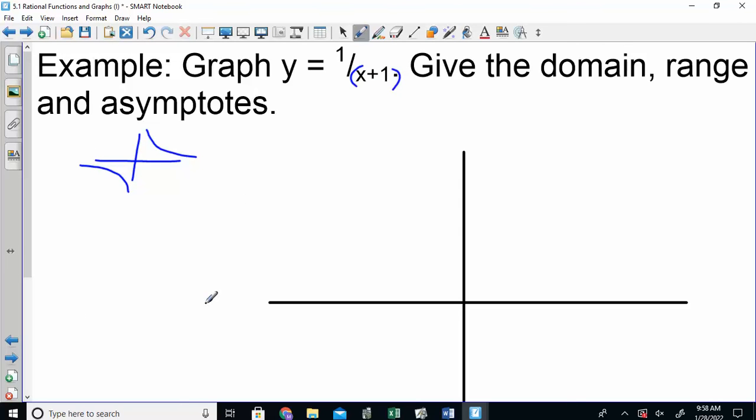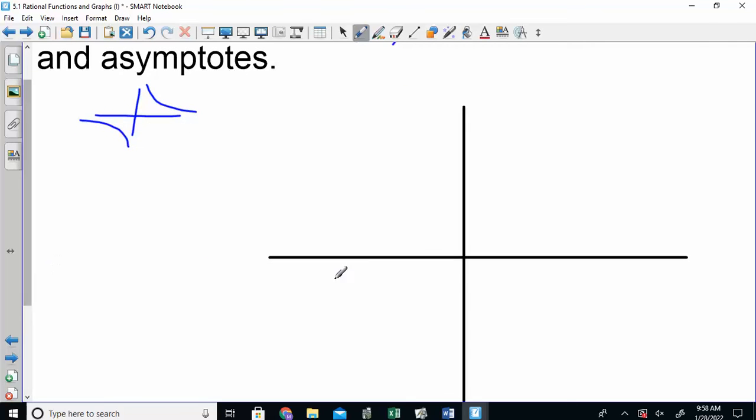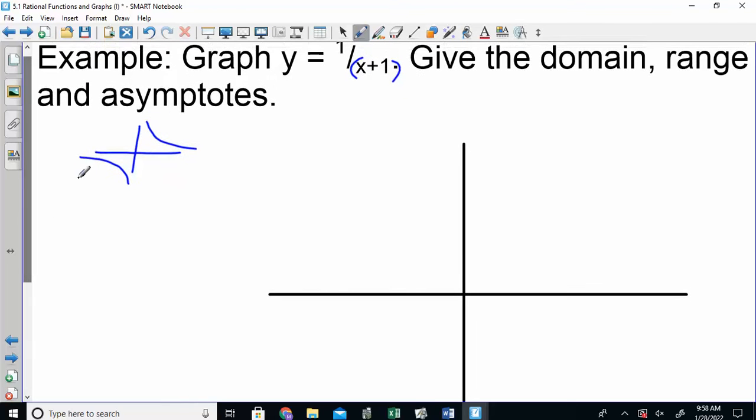If you add 1 to your x, what does that do to your graph? It makes it go left. It would go left 1. So what's the one number we can't plug in now? Negative 1. So if I drew this, my vertical asymptote is at -1 because my whole graph moved left 1.